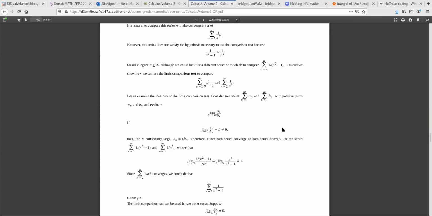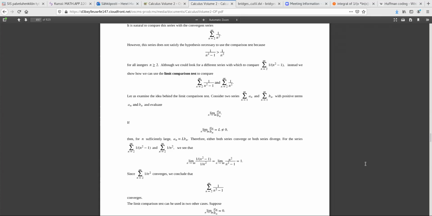And there's another way to prove this one, kind of like a change of variable, if you will. Let me just say here one way to do this is to revert to the comparison test.